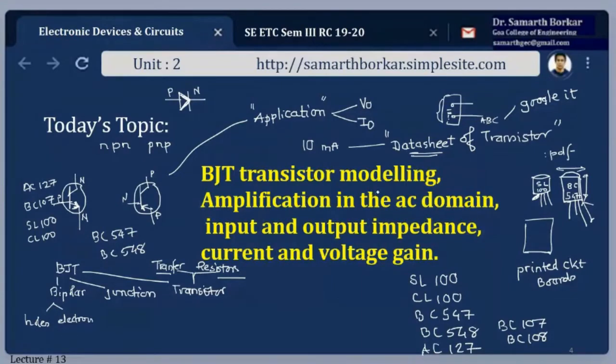The problem I'll be facing right now is I don't know how much of the transistor part you people have understood, because to go for transistor modeling, two things are most important.